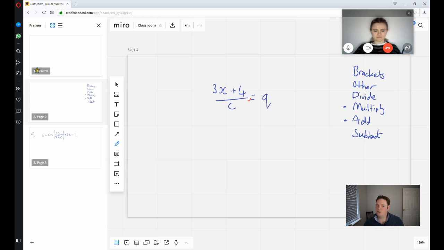Okay, see if you can rearrange that to make X the subject. So we need to get rid of C first. Yeah.